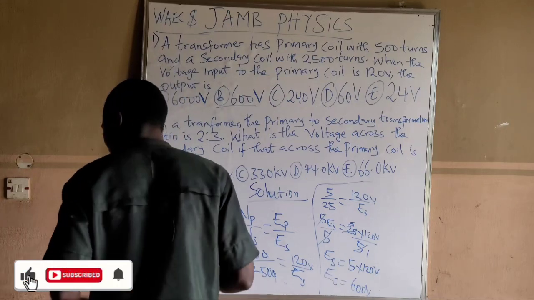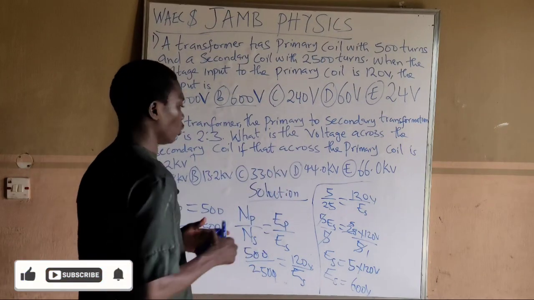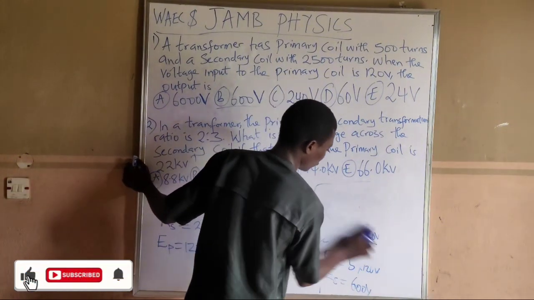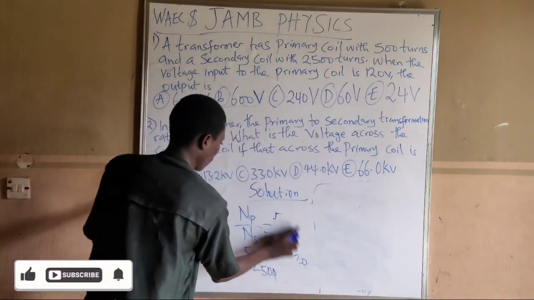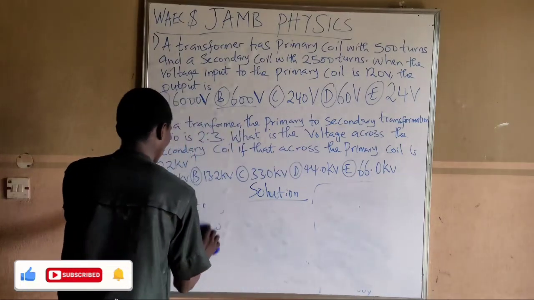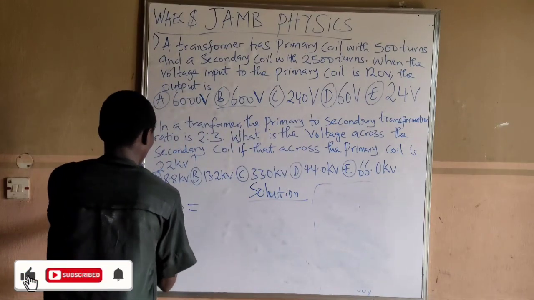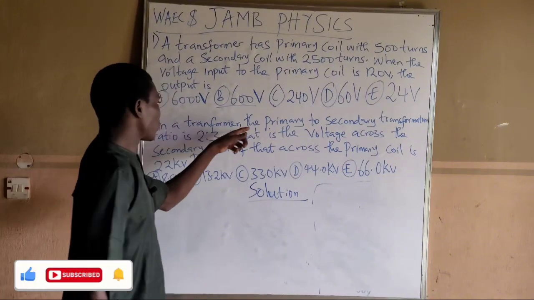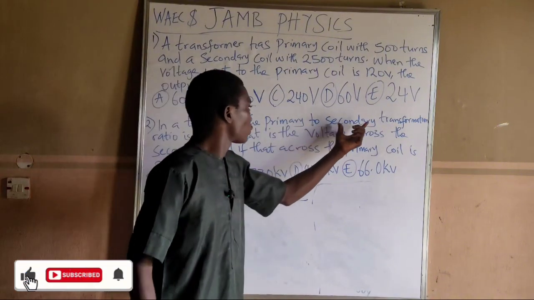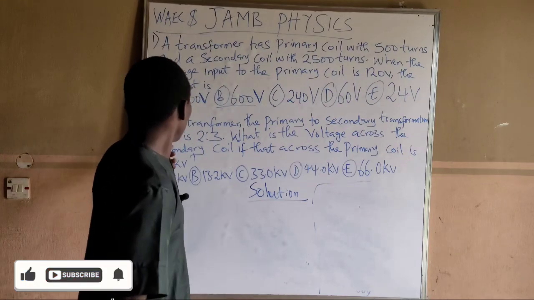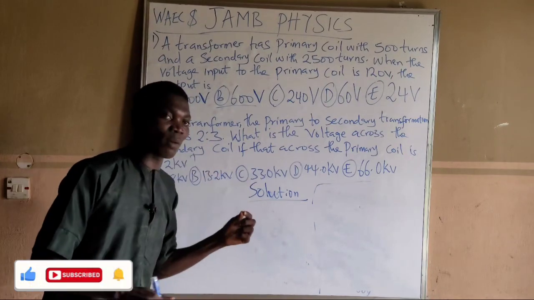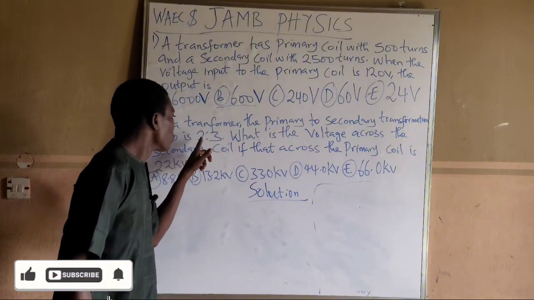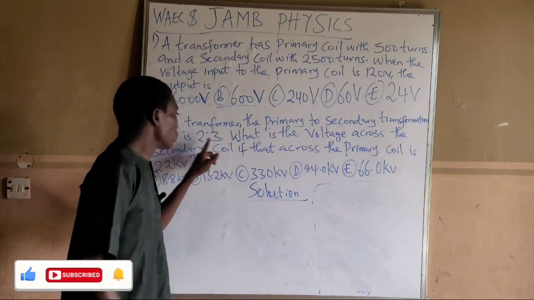Okay, so let's solve the next one, which is question number 2. For question number 2 now, we are told that in a transformer, the primary to secondary transformation ratio is given to be 2:3.